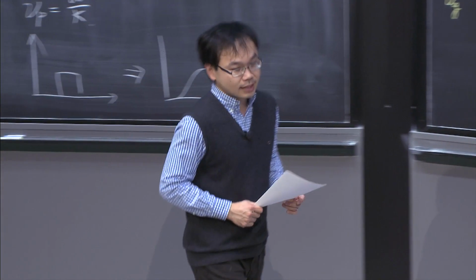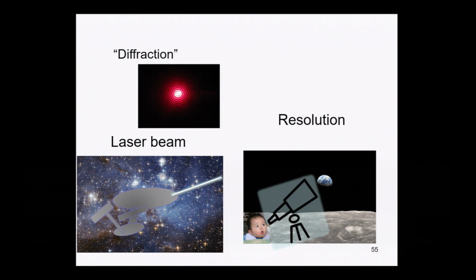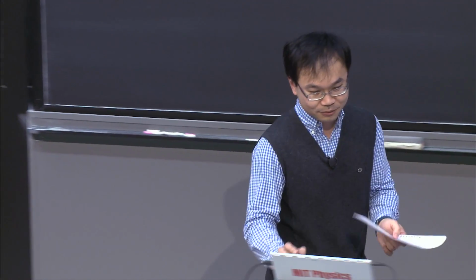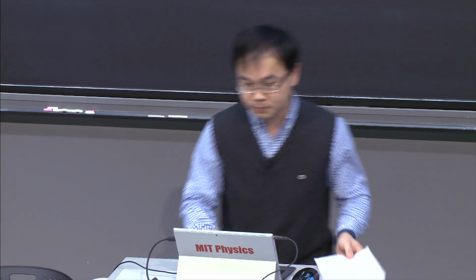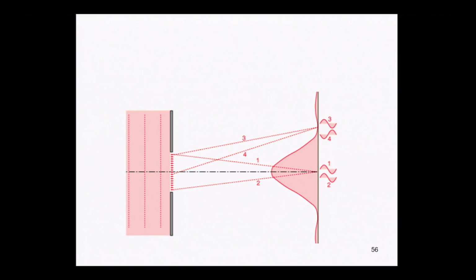And then we discuss diffraction. So that is related again to the explanation of the laser beam. And we discuss the design of a Star Trek ship, the gun for the ship. And we also talk about resolution. And what is happening here is the following. A single slit diffraction can be viewed as an infinite number of source interference, right?